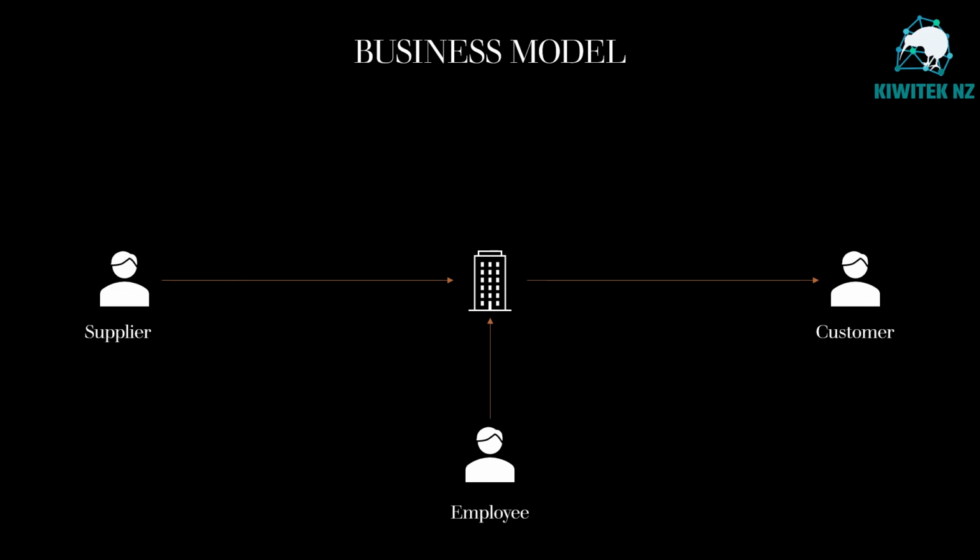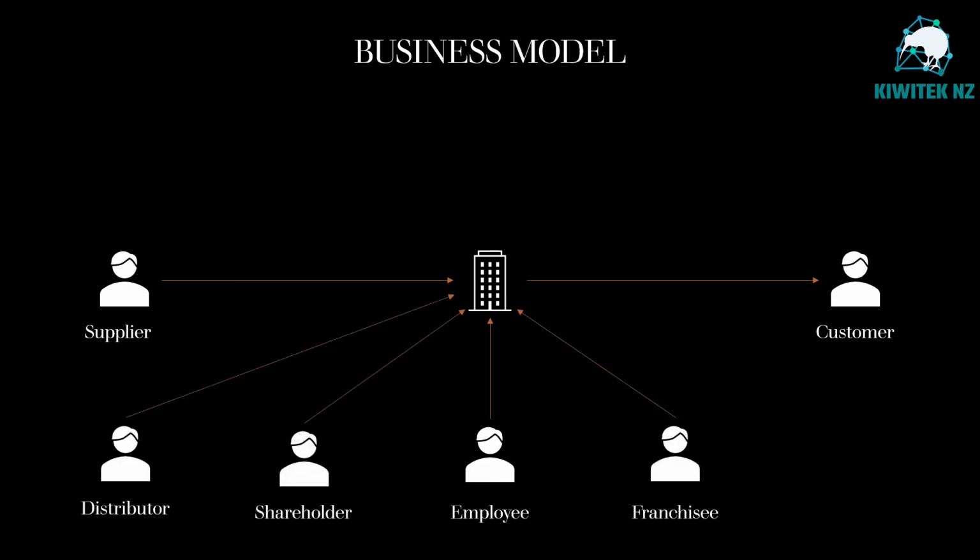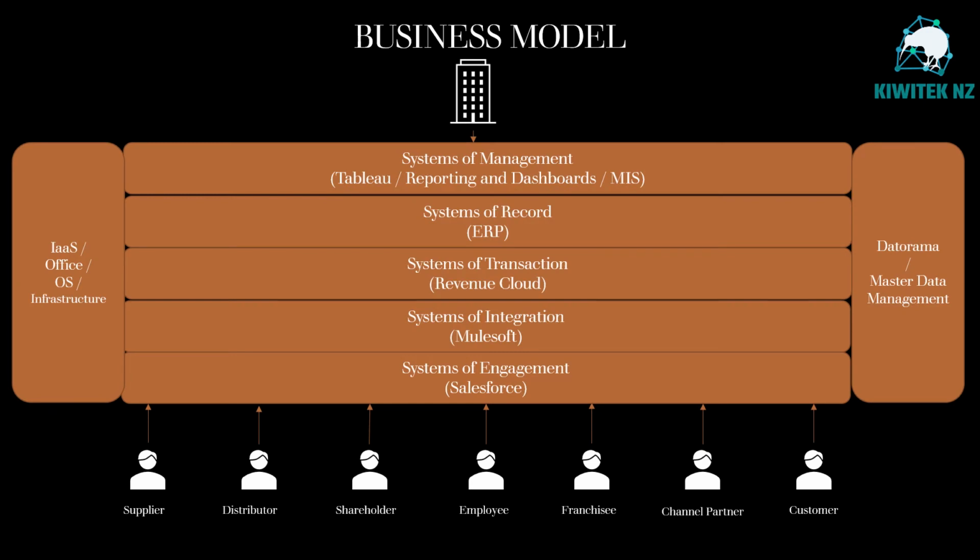When you start looking at the detailed business processes and the end-to-end journey, you start discovering more and more stakeholders who need to engage with the organization, like shareholders, franchisees, distributors, channel partners, and many more. This is where it will help to have a system like Salesforce or a platform like Salesforce in place as a system of engagement.